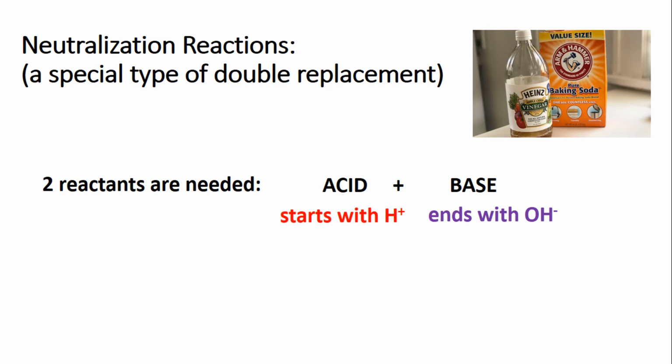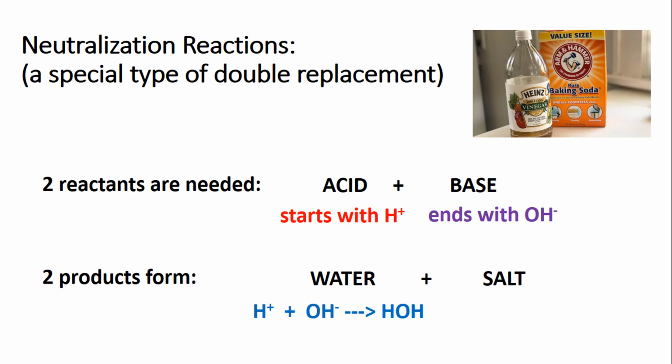When these two compounds are placed together, two products will form. One of them is water, and the other one is called salt. The water forms when the hydrogen ion from the acid combines with the hydroxide ion from the base, making HOH, in other words, H2O.